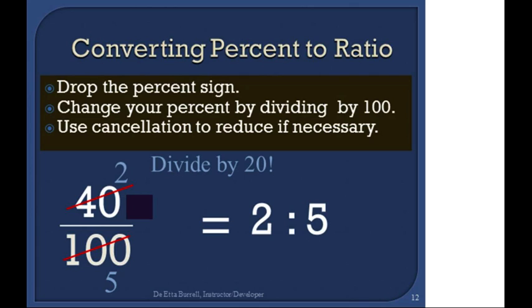So my simplified ratio will be 2 to 5. Any questions about making a percent a ratio? Just write your ratio in fractional form, drop your percent sign, divide by 100, and simplify.